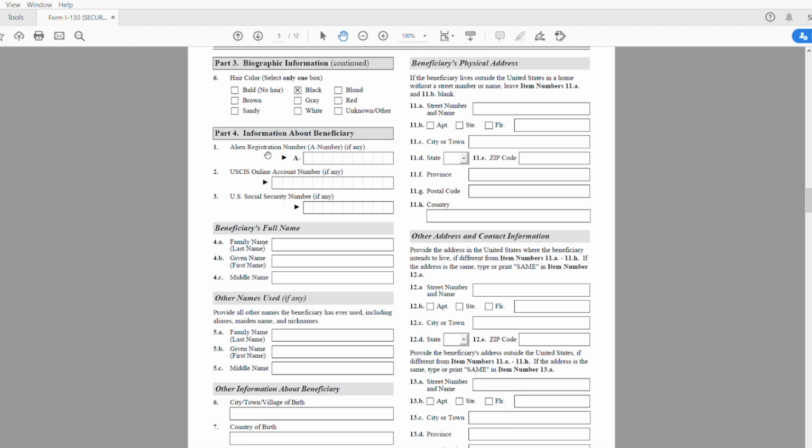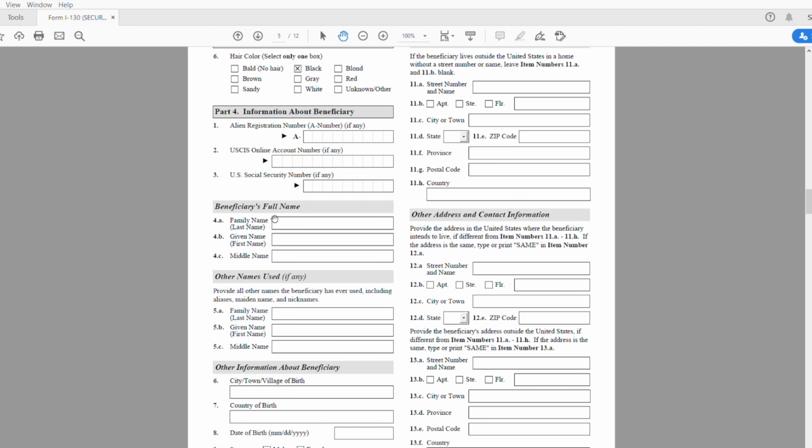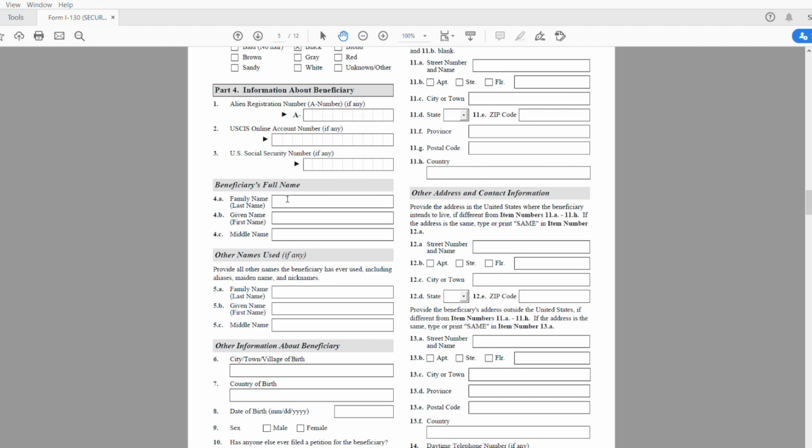Since his spouse, Pooja, lives in India, she does not have an alien registration number, USCIS account number, nor does she have a U.S. Social Security number because she has never been to the U.S. Here in beneficiary's full name, go ahead and enter the name of the person you are applying for.